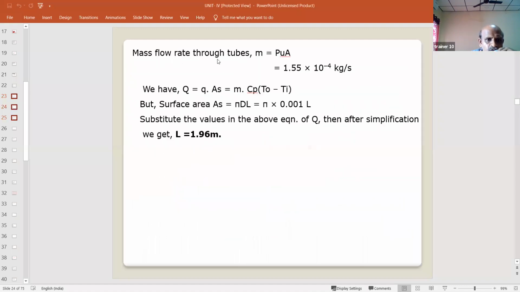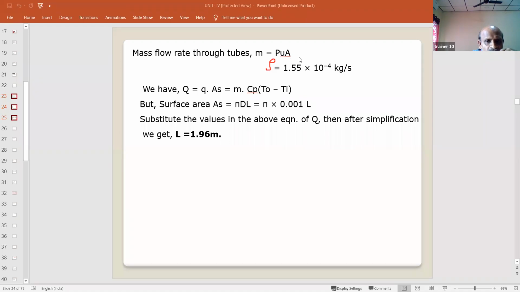For that purpose, we know that mass flow through tubes, mass equal to, this is not P, this is rho. We know that from the continuity equation, mass equal to rho into U into A. Rho is given in the problem, density we know that.